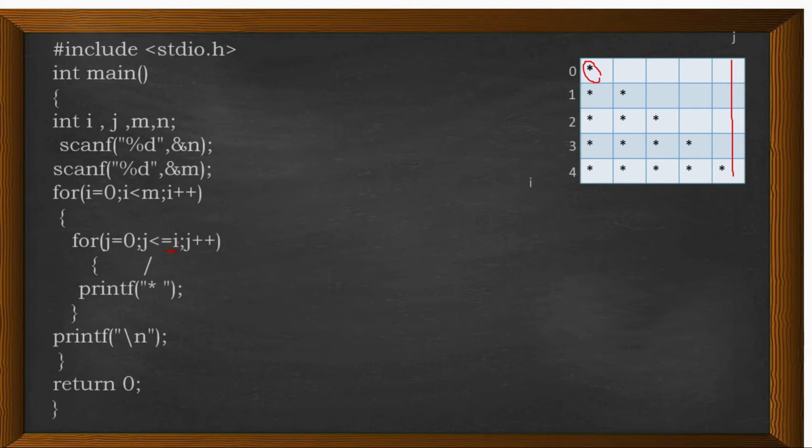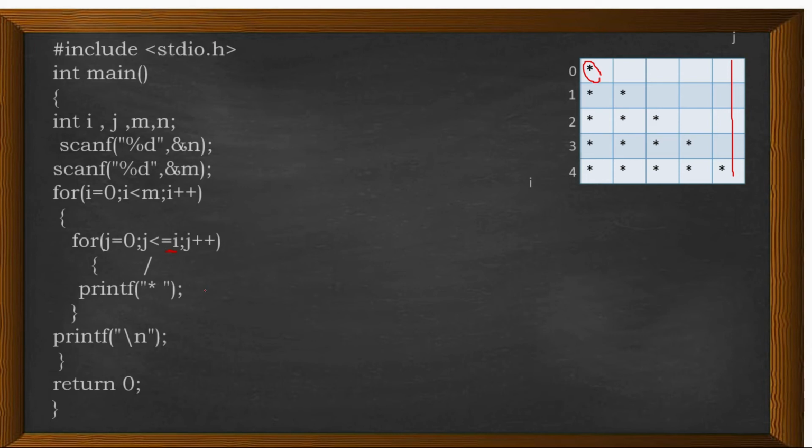Is 1 less than or equal to 1? True, absolutely. Then print 2 stars. Then I will be 2, and j is incremented up to 3 times. J is less than or equal to I. What is the I value? 3, right? So it will continuously traverse until it has to stop.